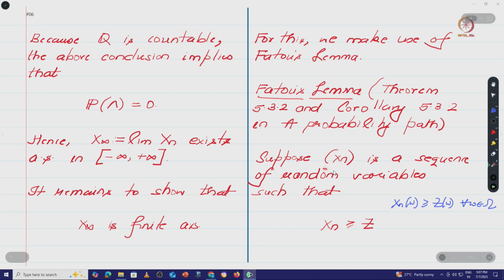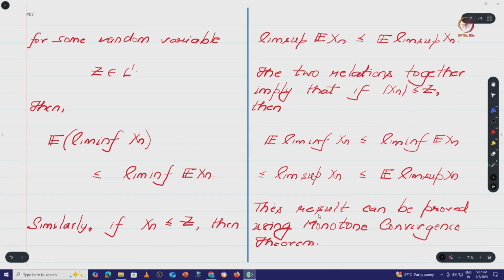Suppose xn is a sequence of random variables such that xn is greater than or equal to z, and z is some random variable in L1, which basically means that the expected value of z is less than infinity. So the setup is a sequence of random variables lower bounded by an integrable random variable z, and z can be arbitrary.